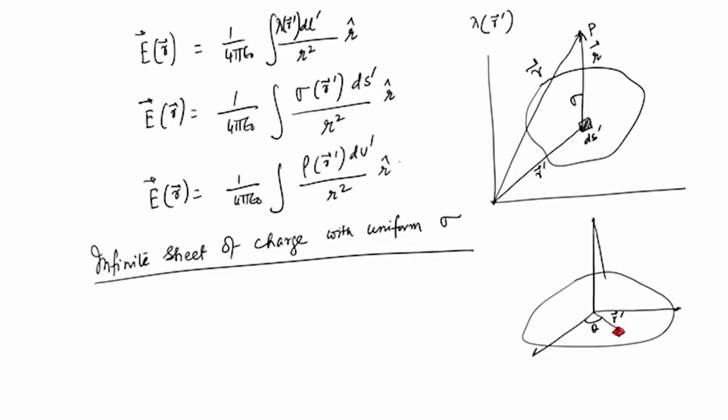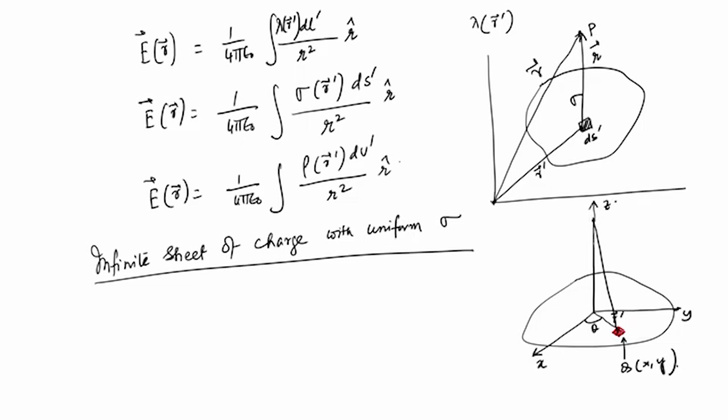So, this is the point that you want to calculate. You have this as the y axis and this is the x axis. This point has some coordinate given by x and y, and this is your z axis.